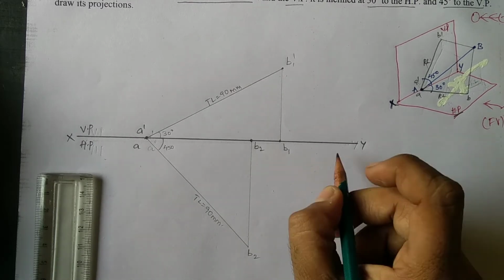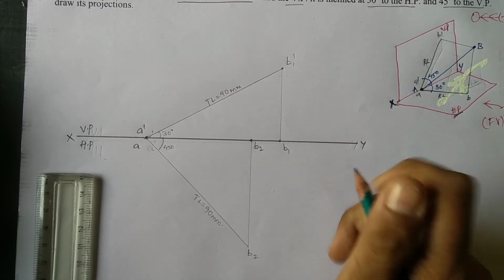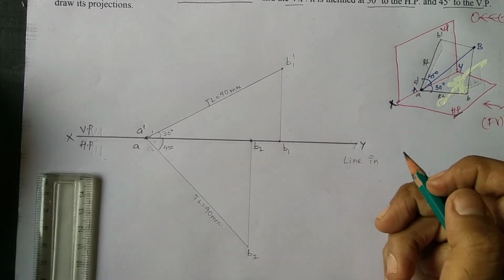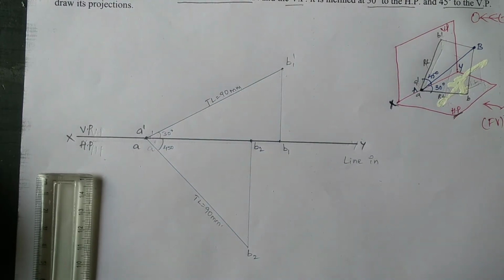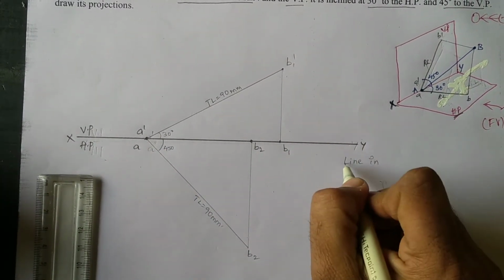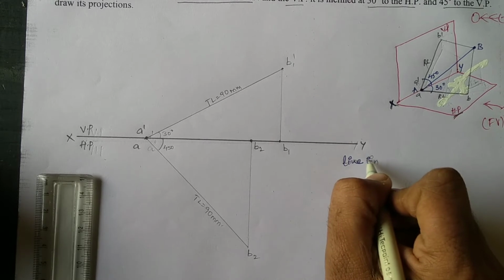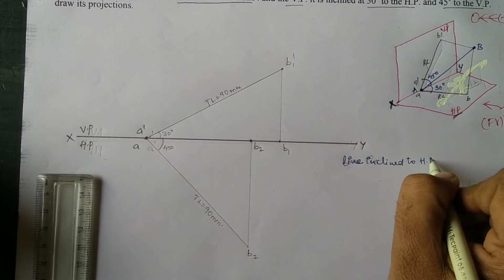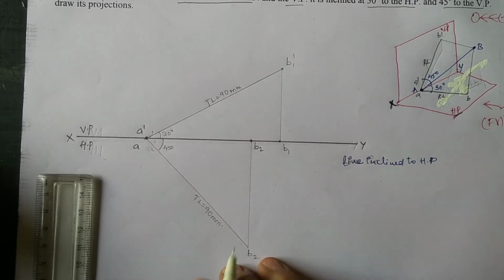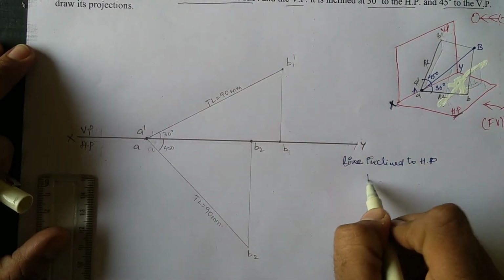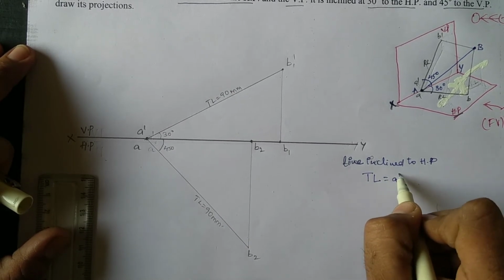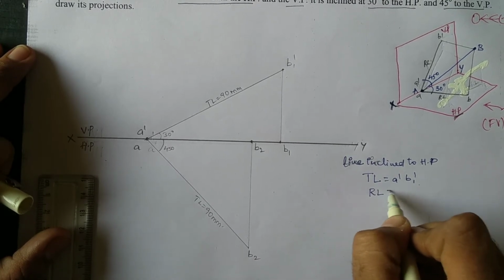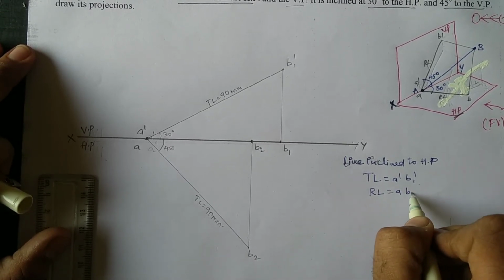For your understanding, I'll just write it here. Line inclined to HP: the true length points are A dash, B1 dash, and the reduced length is A, B1.